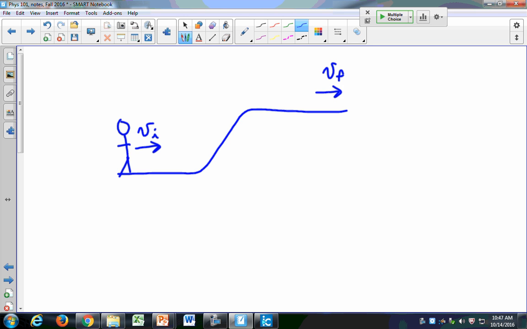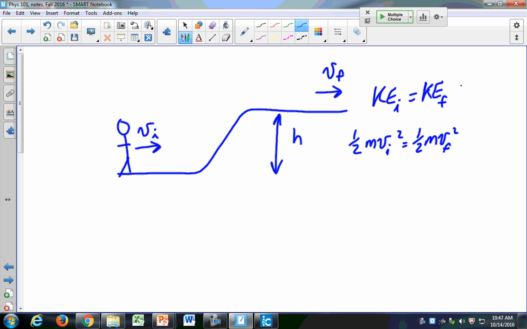Calling this height h, you would say 1/2 m v_i squared, the initial kinetic energy, is equal to 1/2 m v_f squared, the final kinetic energy, plus the final potential energy, which is going to be mgh.